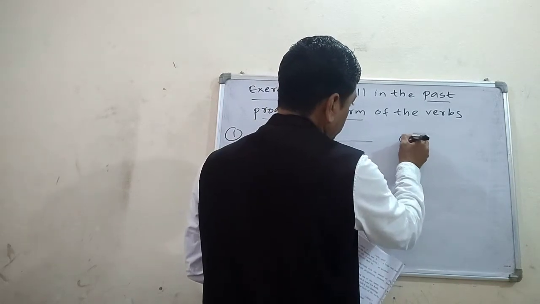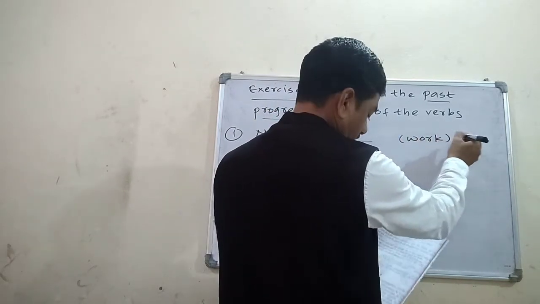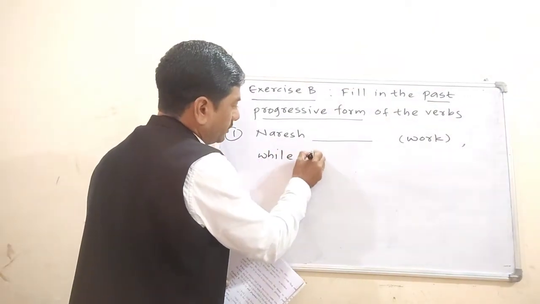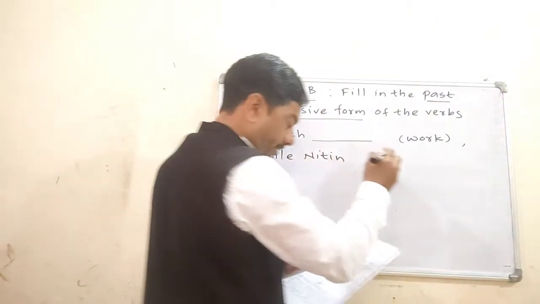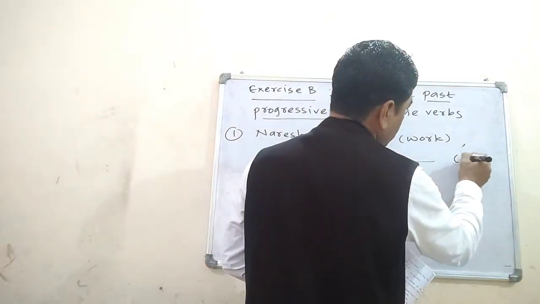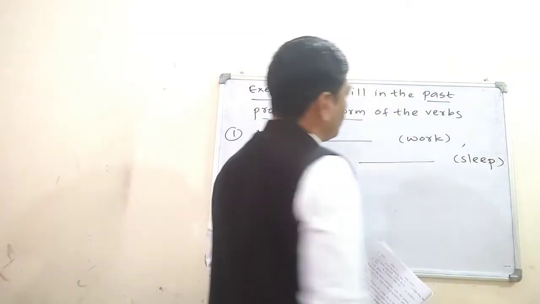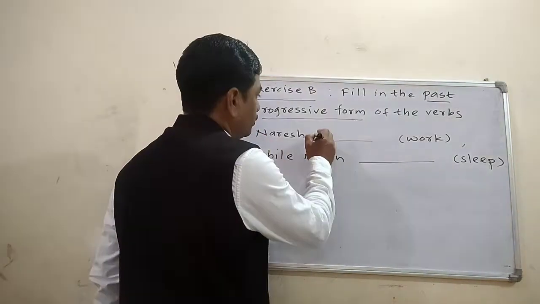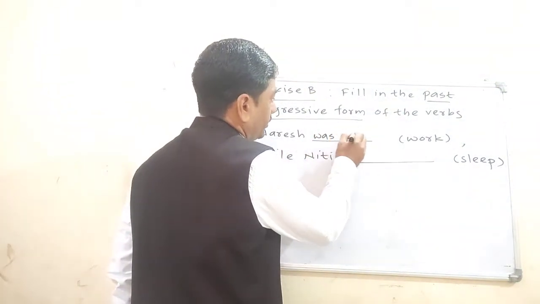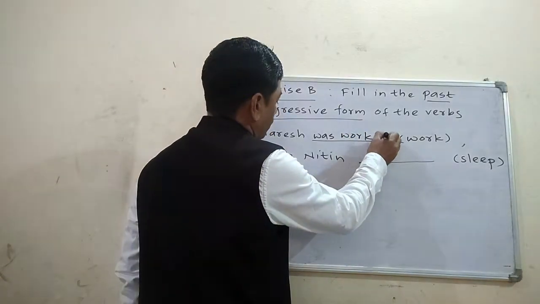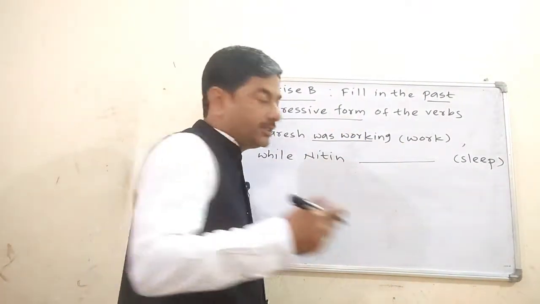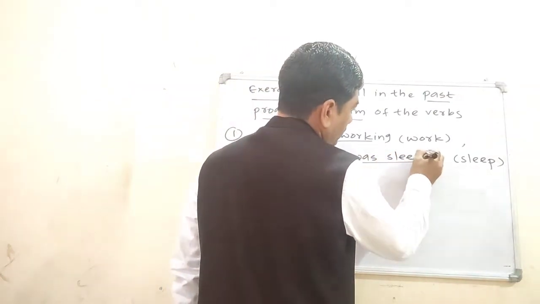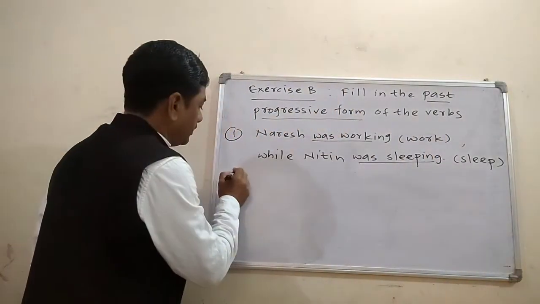Here they have given work, and while Nitin ___, and they have given the verb sleep. So we have to make use of past progressive form. Naresh was working while Nitin was sleeping.